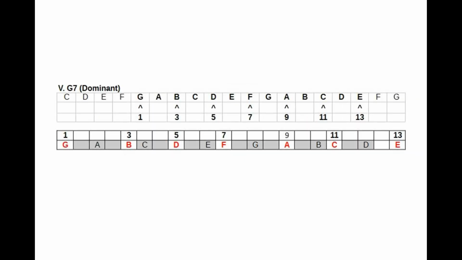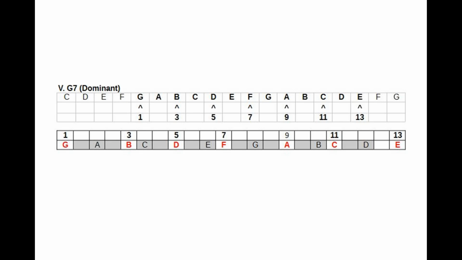Continuing on, now we get to 5. The 5 is special. It's the only chord like it in the entire stacking thirds vocabulary. It is a dominant chord. So you see at the table below, the 1 is G, the 3 is B, which is a major third. The 5 is D, natural 5.